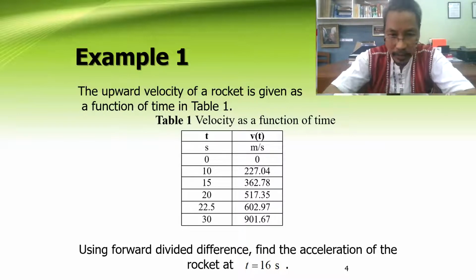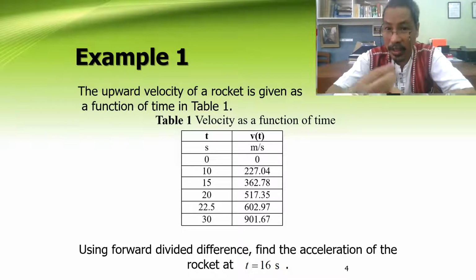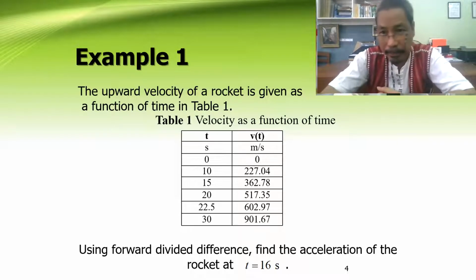Using forward difference approximation, find the acceleration of the rocket at 16 seconds. Okay, so let us do this. We still have to approximate. These are real life problems. Even if something like this would happen, you have to solve it.